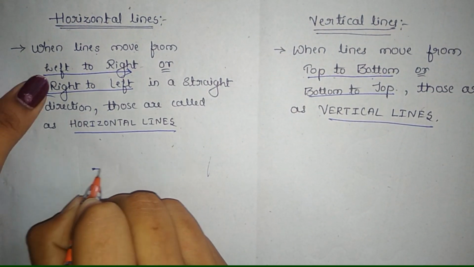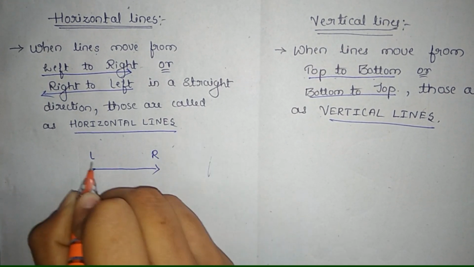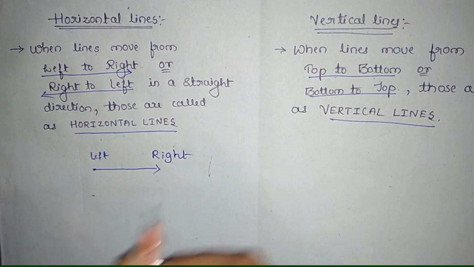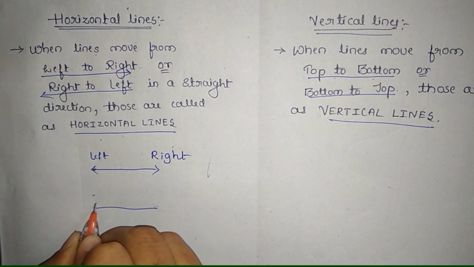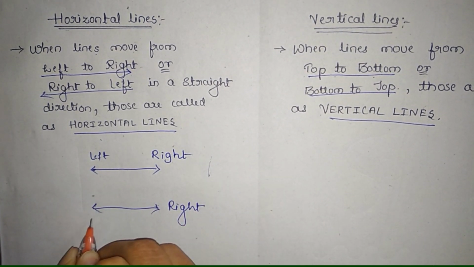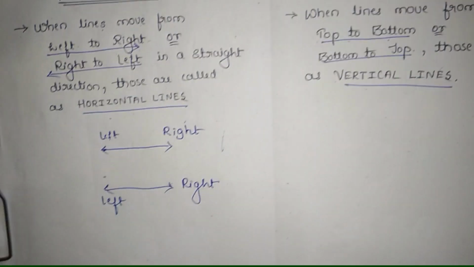Horizontal means if I take a line moving left to right, or else if I take this line which is moving from right to left, then these are called horizontal lines.